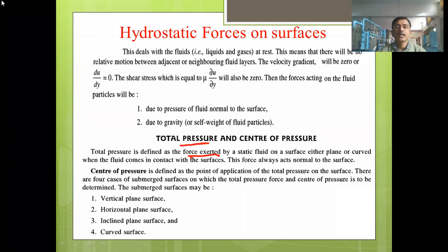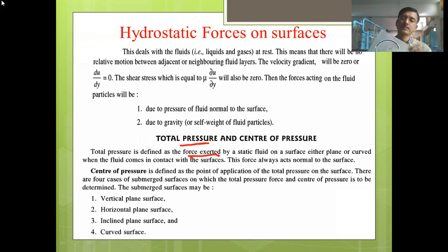Total pressure is defined as the force exerted by static fluid on a surface. Static means stable fluid which is not in motion. The surface can be either plane or curved. Plane means like this.